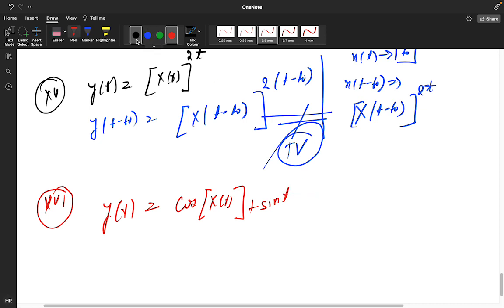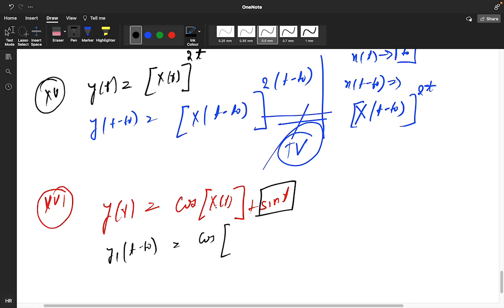These things we already know, because if you give t minus t naught, the output will be cos of... See, this term is coming directly, so you can say it's time invariant.